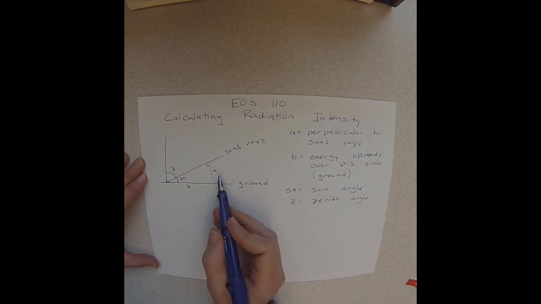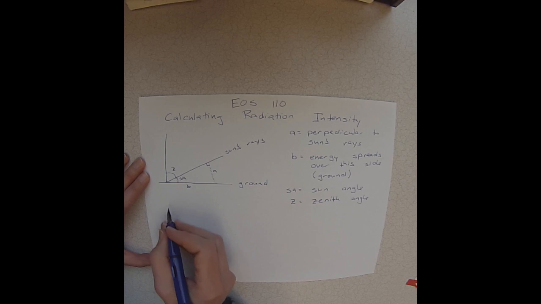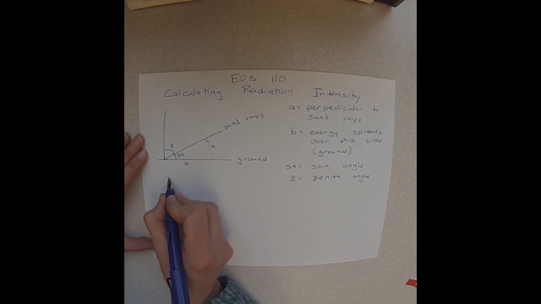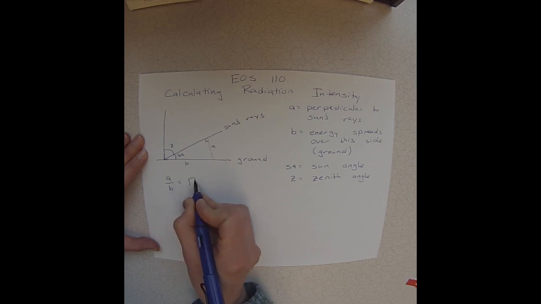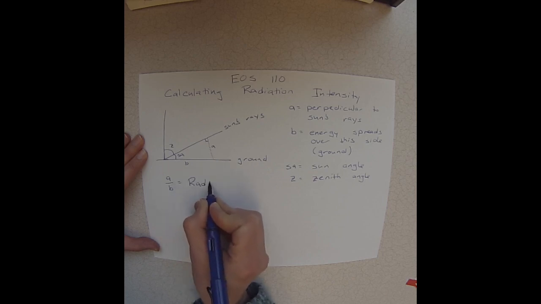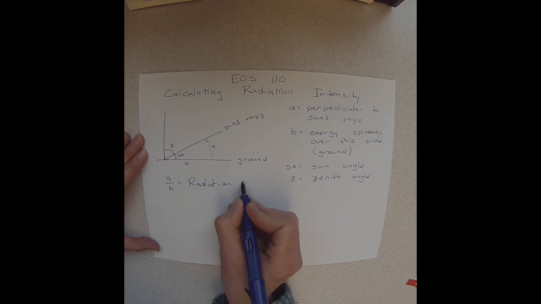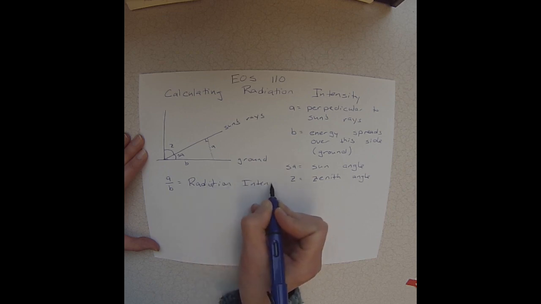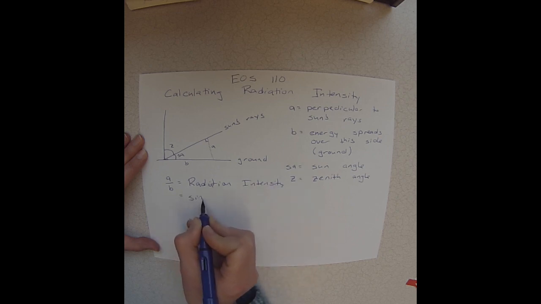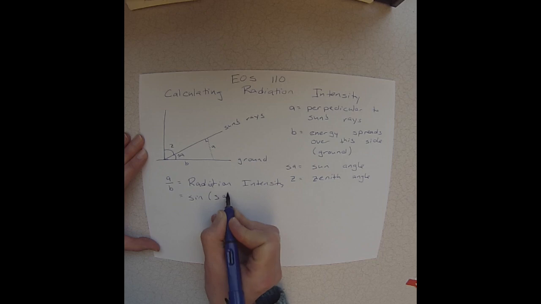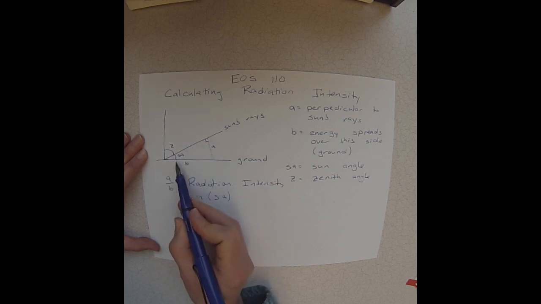As I said, we want to calculate the relationship of A and B to each other. The ratio of them is the radiation intensity that we're after, and it's equal to the sine of the sun angle. Remember, that's the angle between the sun's rays and the ground.